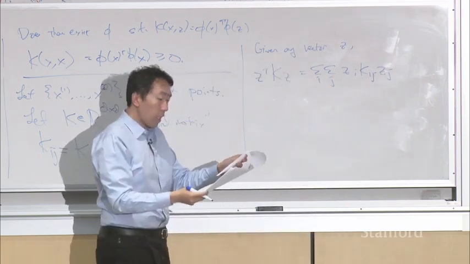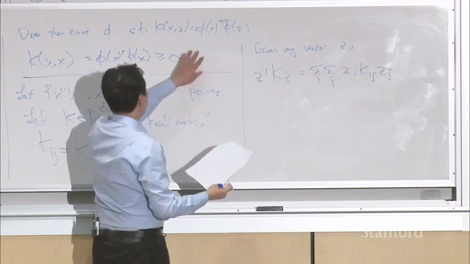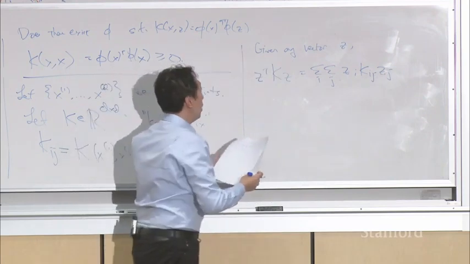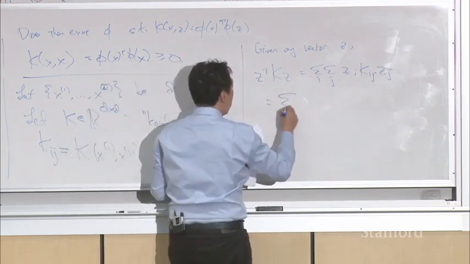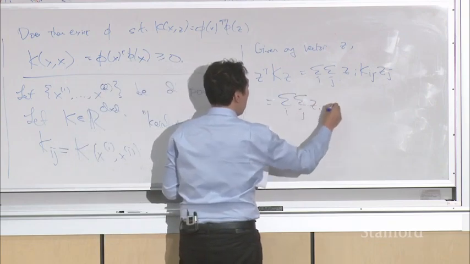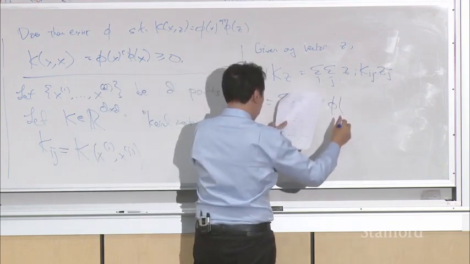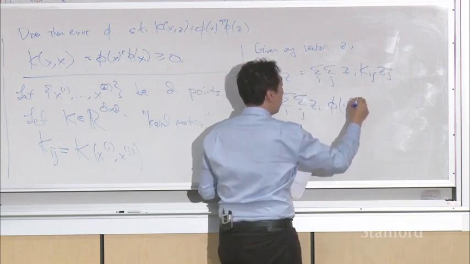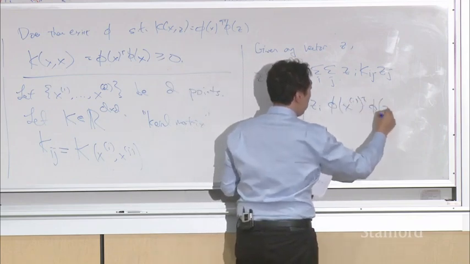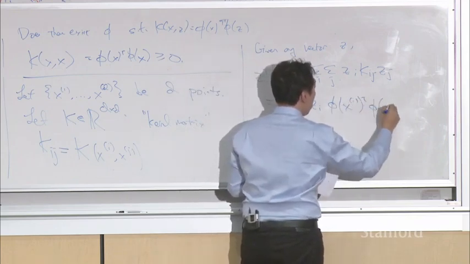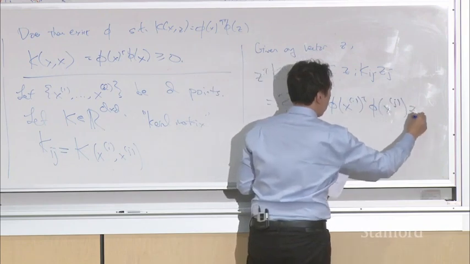If k is a valid kernel function, so if there is some feature mapping phi, then this should be equal to the sum over i, sum over j, zi phi of xi transpose phi of xj times zj.